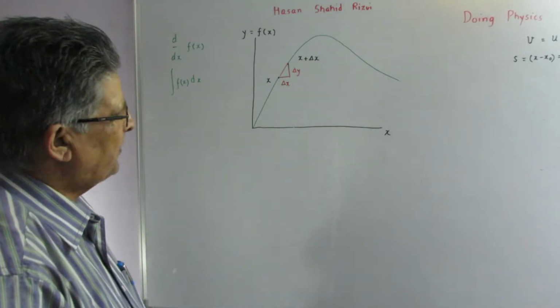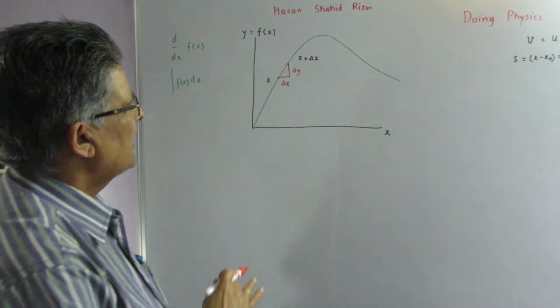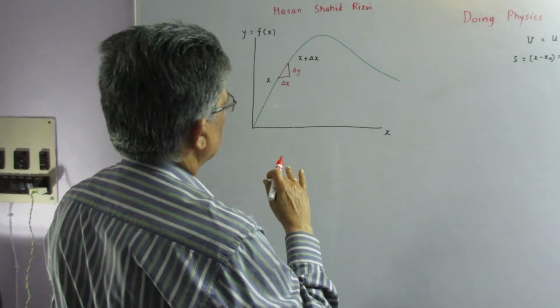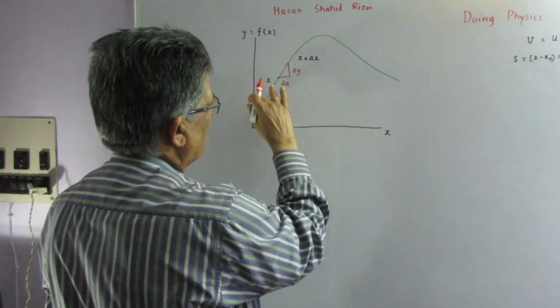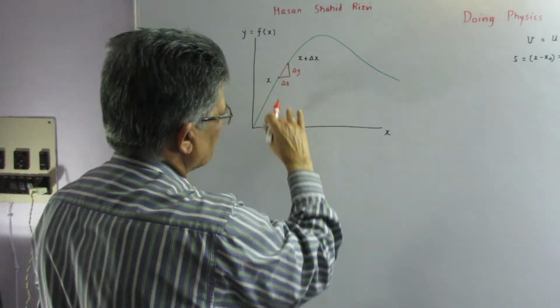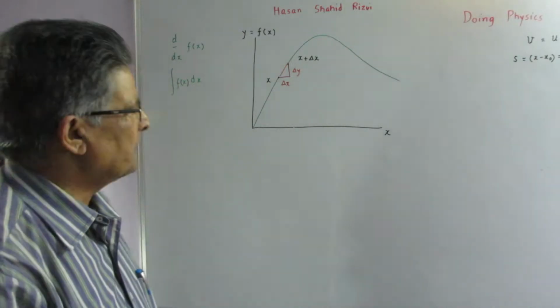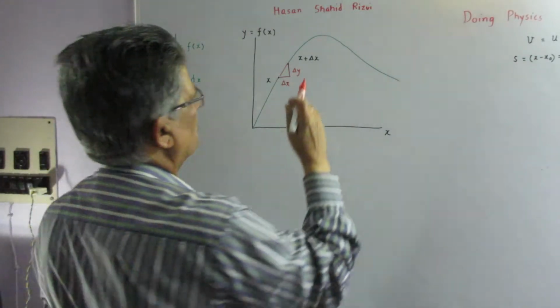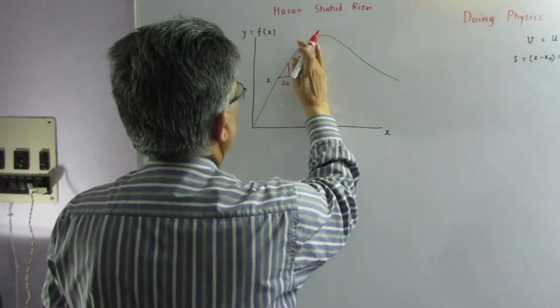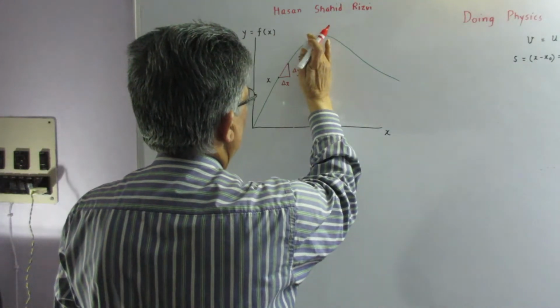Now, for example, I will do the same exercise here. As the value of x is changed from x to x plus delta x, the value of y changes from y to y plus delta y. I can show you by taking the same value over here.